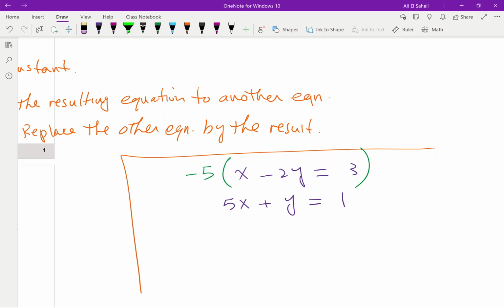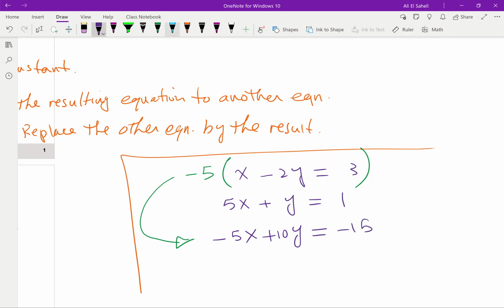This reminds us of substitution, where you get rid of one variable. So the first equation becomes minus 5 times x. Of course, you have to multiply the entire equation by that constant. Minus 5 times minus 2y. And never forget to multiply the right side: minus 5 times 3 is minus 15.